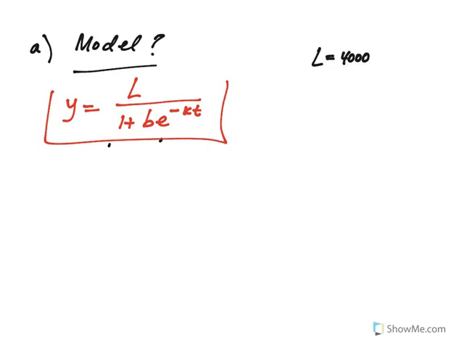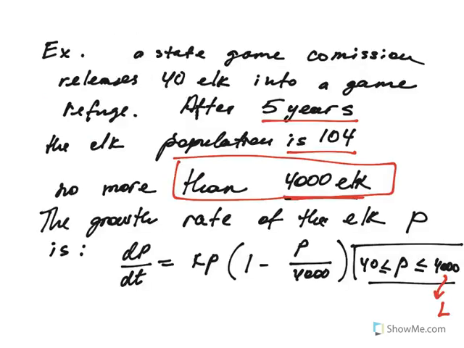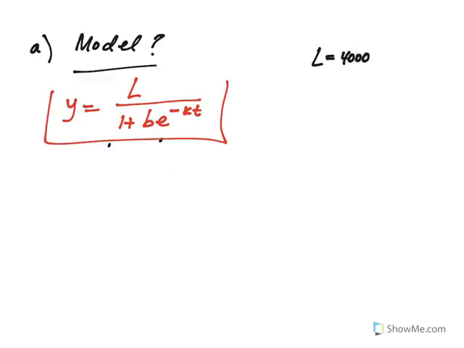L we know, so if we can find b and k, then we're all set. We can actually complete our equation. So far I have, instead of y, they want us to use P, population. P equals 4,000 over 1 plus b e to the power of negative k times t.